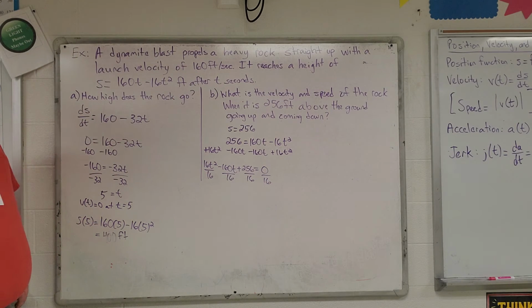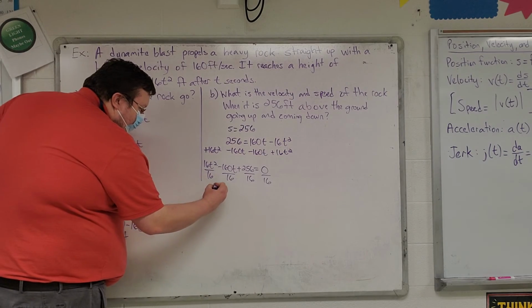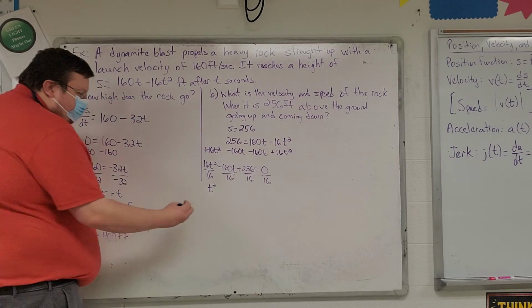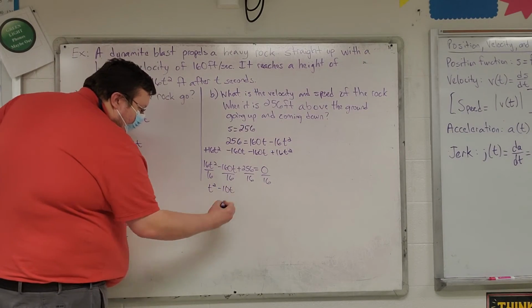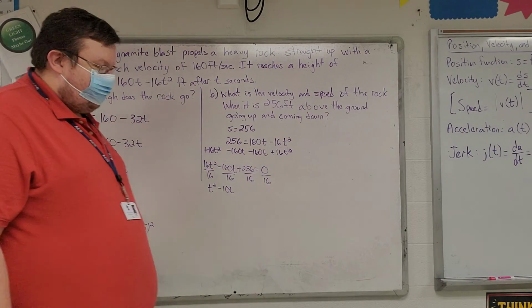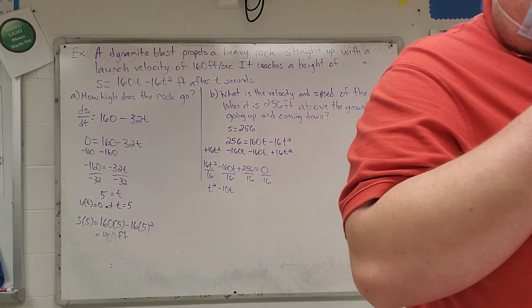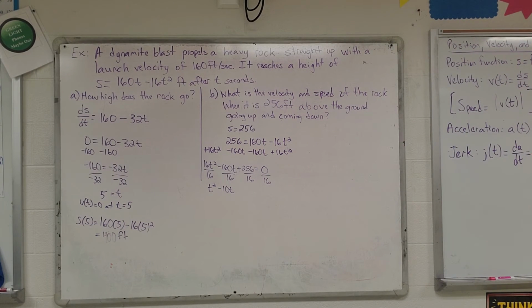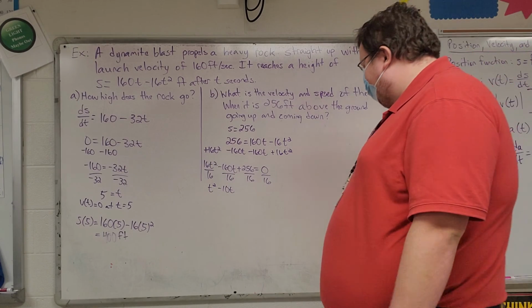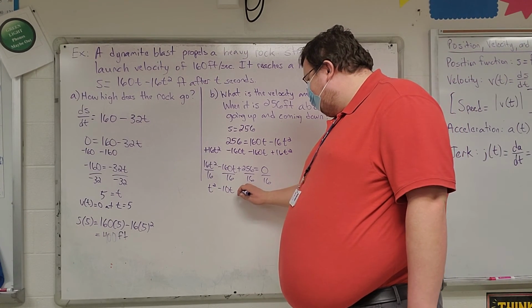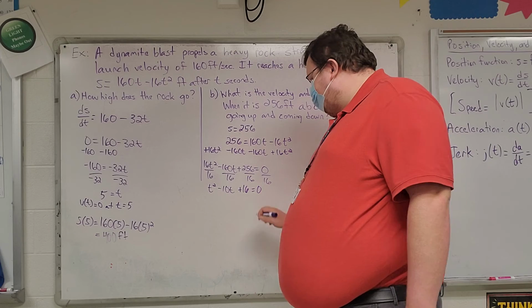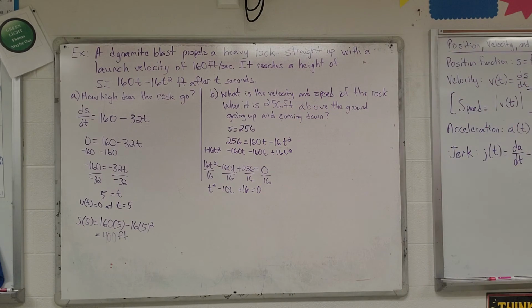So that's going to give us t squared minus 10t, oh yeah, 256 happens to be 16 times 16. It's a perfect square. So that's going to be plus 16 equals 0. And we need to solve that equation. Now that looks a whole lot more manageable.